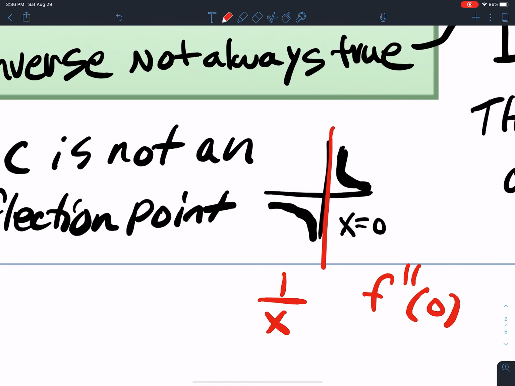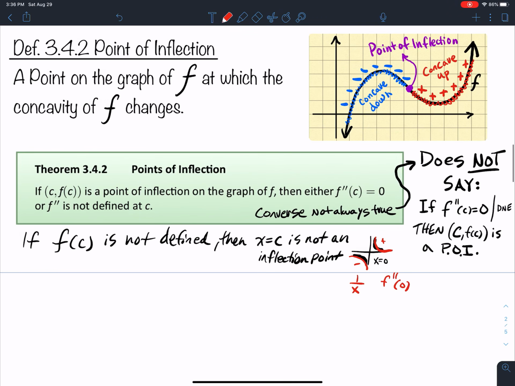It's actually undefined there. Even though we're concave down here and we're concave up here, there's no point of inflection. So just because we change concavity from one part of the graph to the other doesn't mean there's a point of inflection there, because the point is not defined anywhere on that vertical line x equal to 0. Okay?